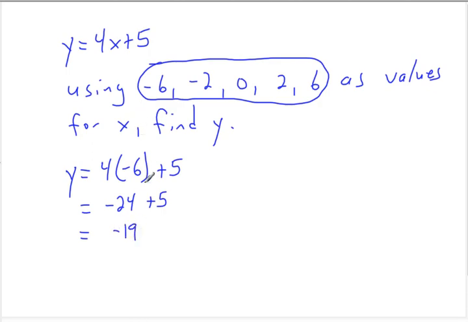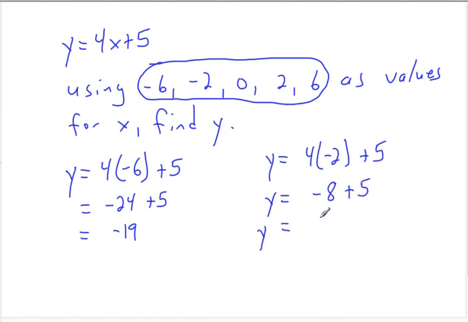And so we can say when x is -6, y is -19. Then I would go on and try -2. So y equals 4 times -2 plus 5. And then I would solve it in the same way. So I know that when x is -2, y is -3. And so on.